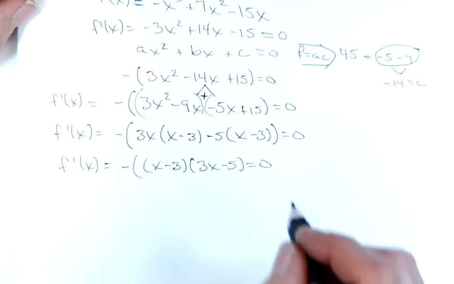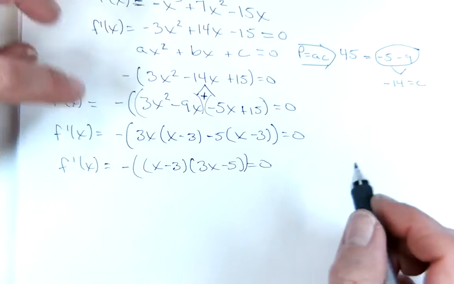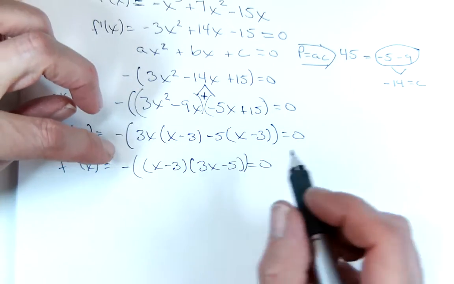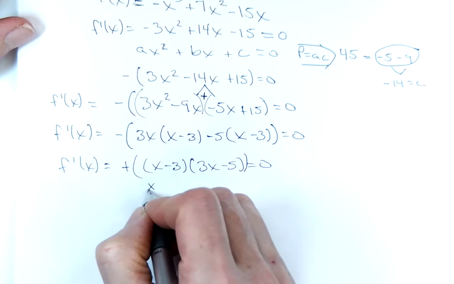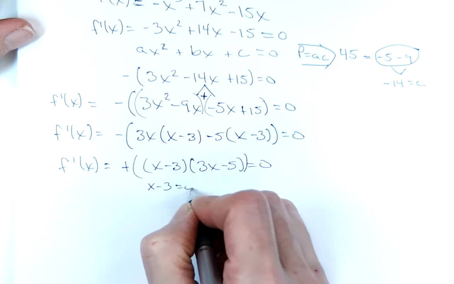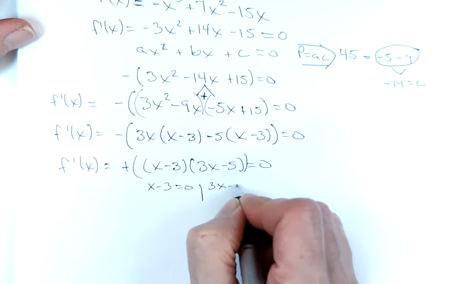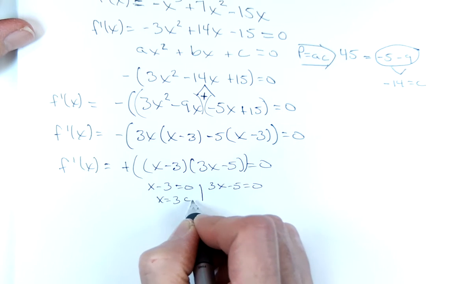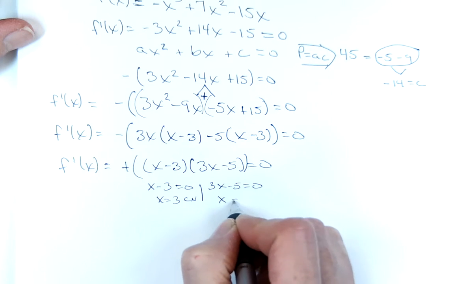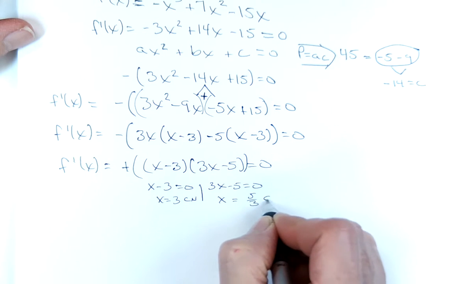So now we're factored. We can divide by negative 1 on both sides, and then the negative will be gone. And we set each of our factors equal to 0. And we get x equals 3 is a critical number, and x equals 5/3 is our other critical number.